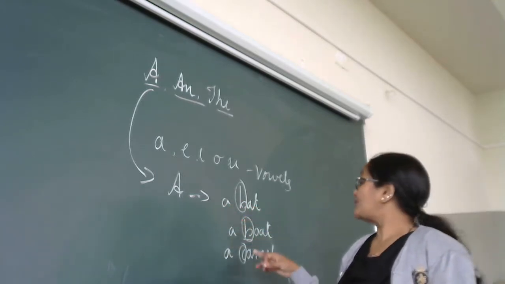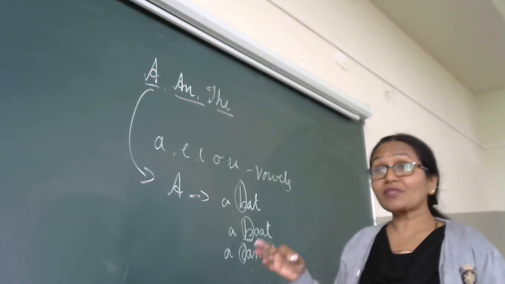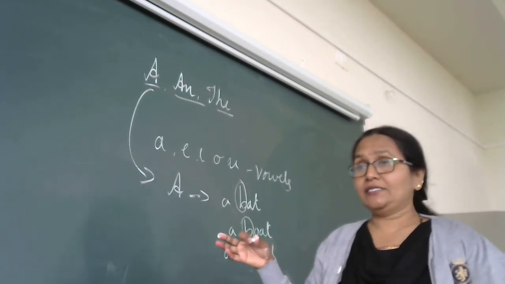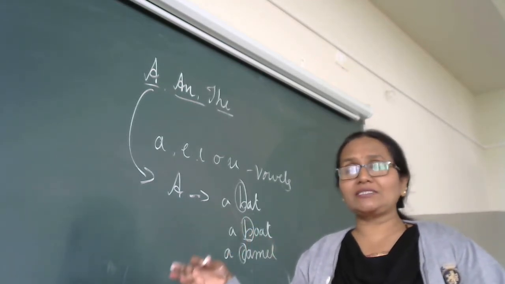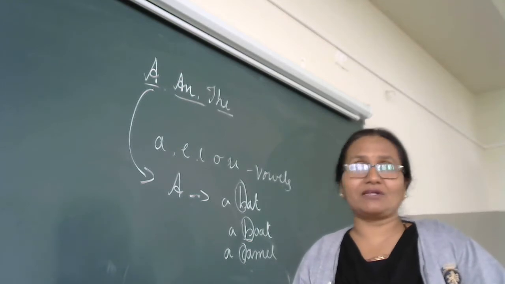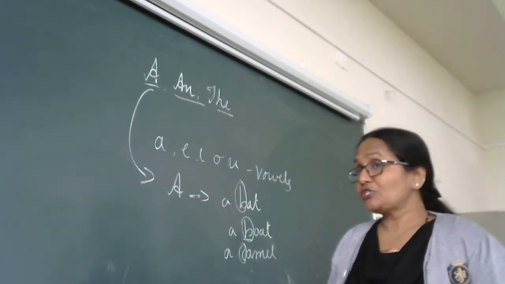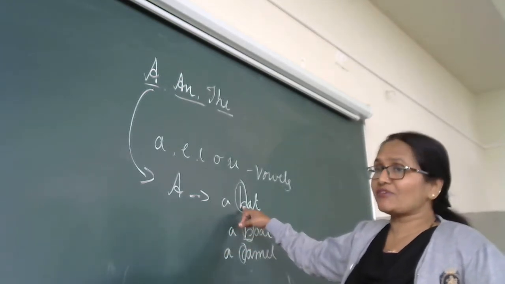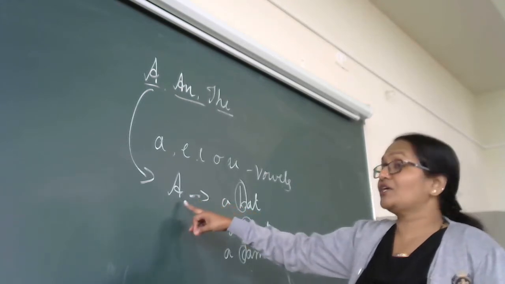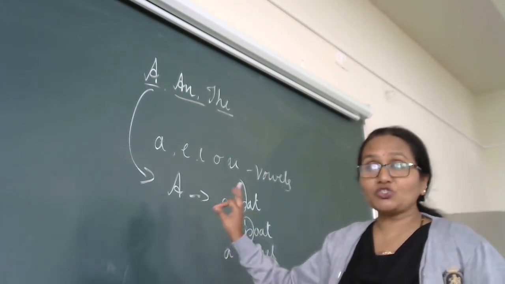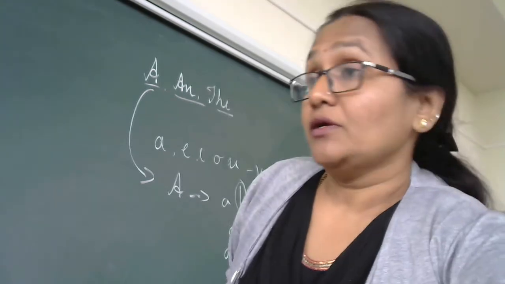Okay, B, C, D, F, G, H, R, S, T. We all know these are the consonants. So for words which begin with the sound of a consonant, we use a. Understood, all of you?